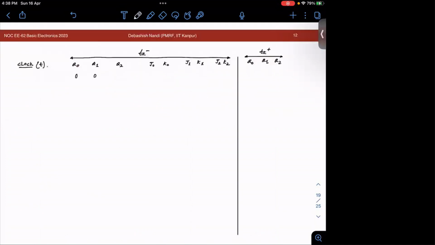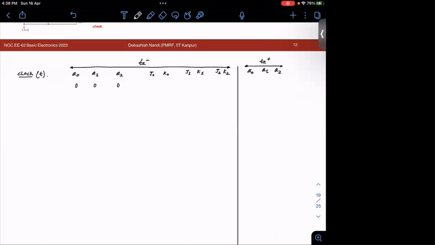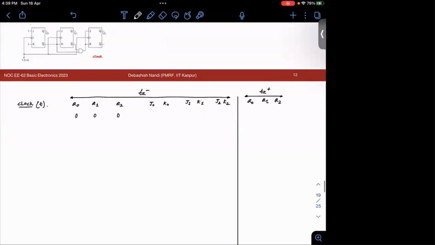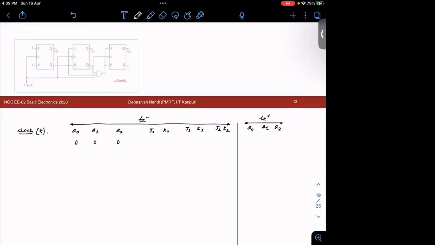So initially we have 0, 0, 0. Let me zoom the figure.